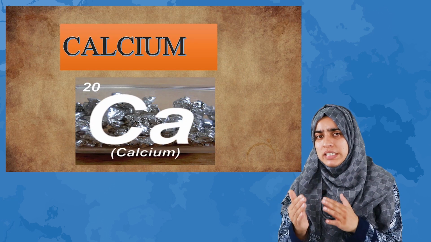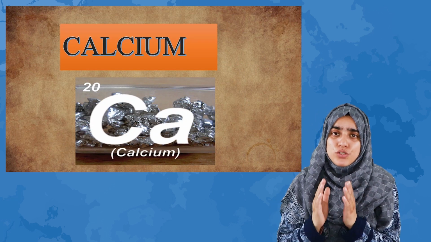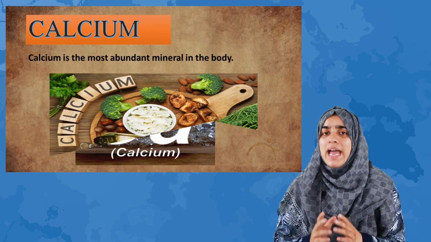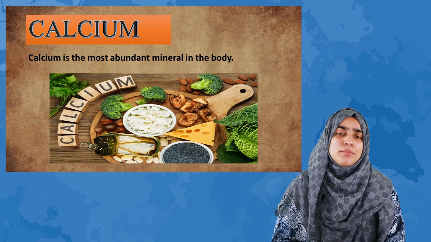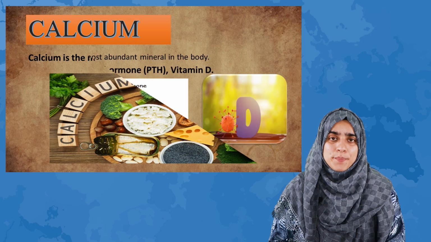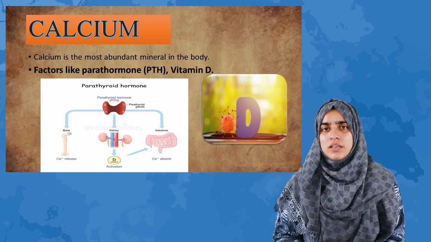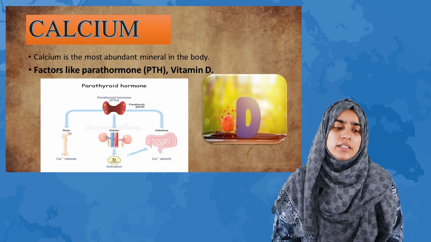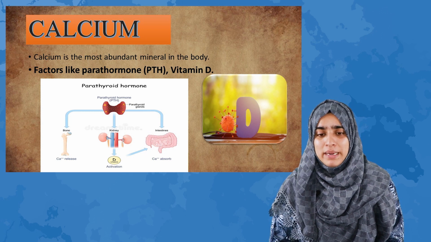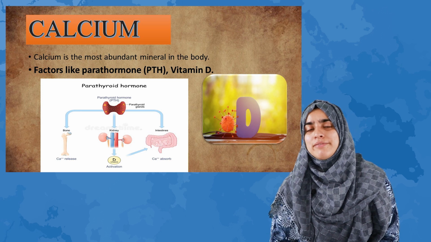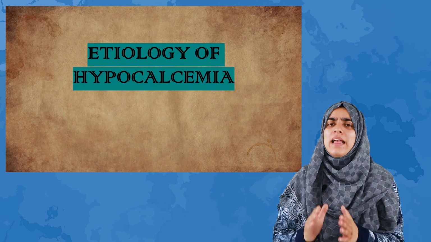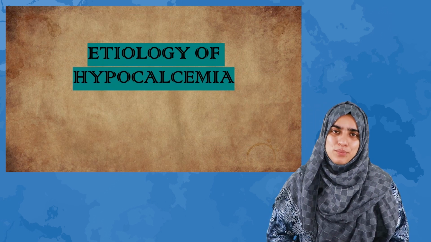As there will be a decrease in the level of calcium, you must know what calcium actually is. Calcium is the most abundant mineral found in the body; various factors like parathormone or vitamin D regulate the homeostasis of calcium and maintain the serum calcium levels in a normal range. Let's come to the etiology of hypocalcemia.